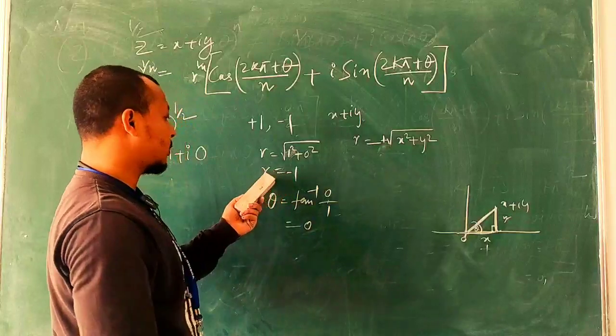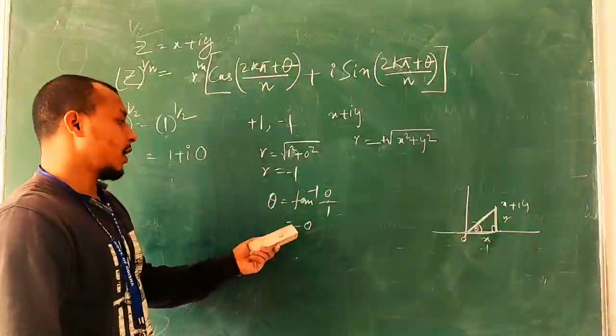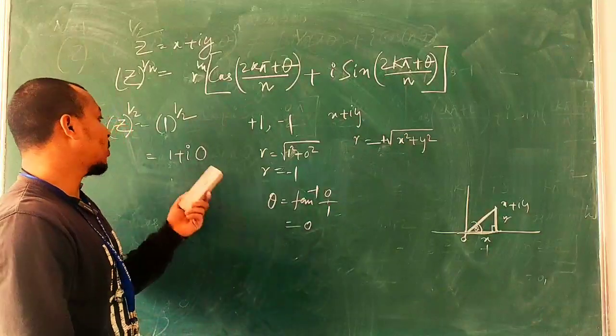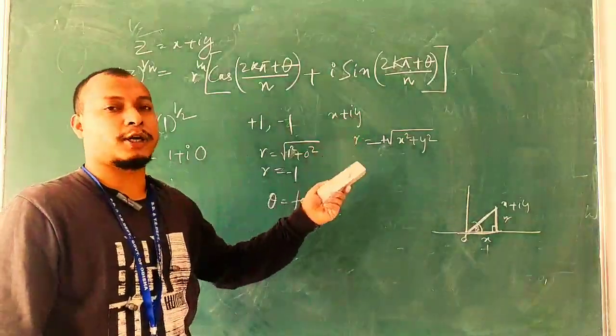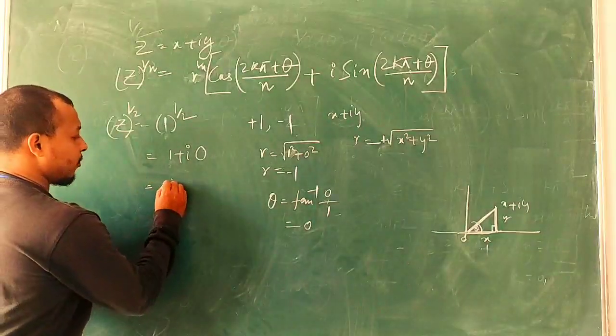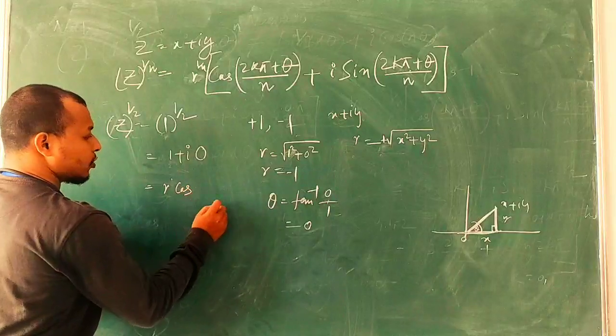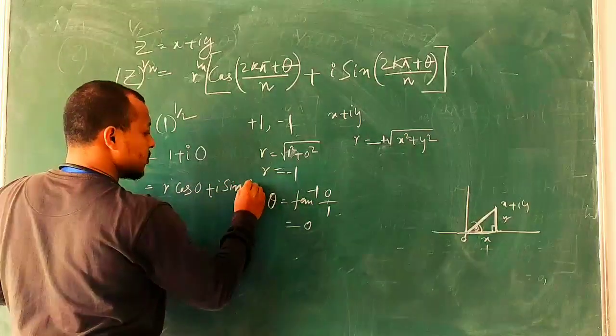Once we got this distance from the origin to the complex number and theta, now we can convert this Cartesian form into polar form. So by polar form, R into cos theta, which means cos 0, plus i sin 0.